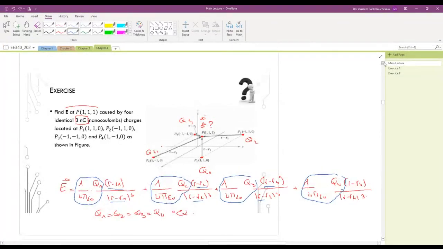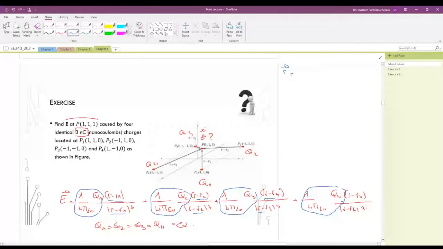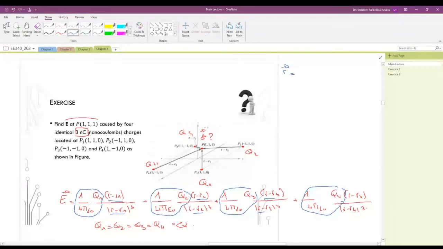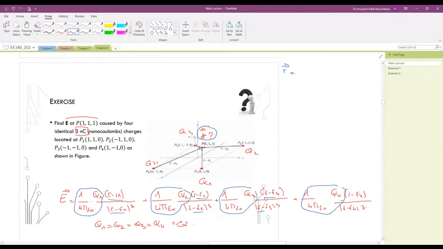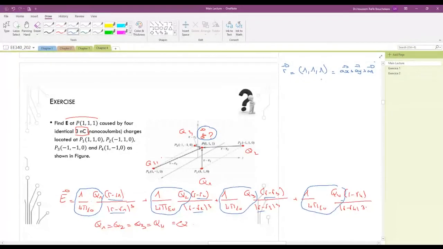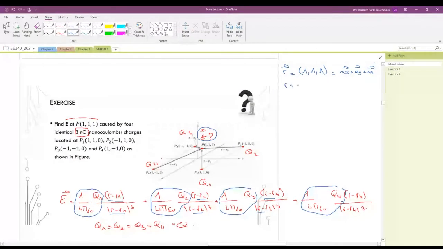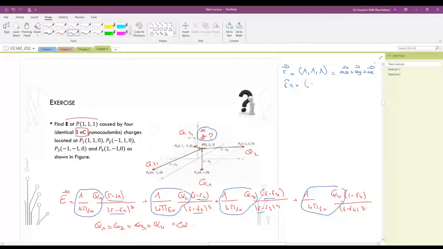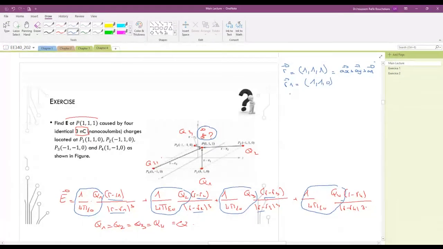طيب الار الحين كم قيمة الار؟ ليش 111؟ لأن قلنا الار هو the point where we want to determine the electric field. So R is 1 1 1. هذا معناه ايش؟ انه is equal to AX plus AY plus AZ. This is what it means R. R1 ايش يساوي R1؟ 1 1 0.